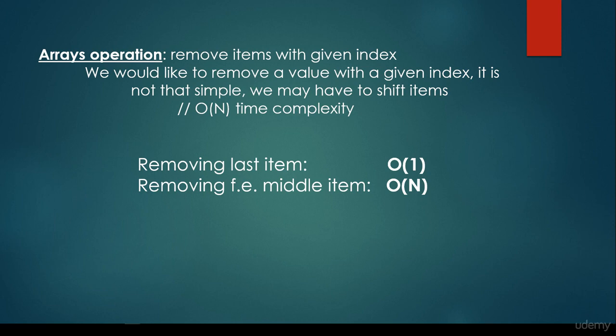If we would like to insert or remove items from the middle of the array, then of course it's not going to be a very good solution to use arrays, because it's going to take order n linear time complexity, because we have to reconstruct the array from time to time because of the shifts.